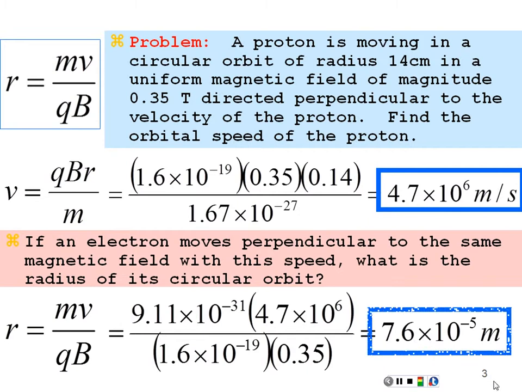It would only move in a circle of radius 7.6 times 10 to the minus 5 meters. So it would be a small fraction of a millimeter, whereas the proton is moving in a good 14 centimeter radius orbit. So you could easily distinguish between the two particles based on the size of their circular motion.